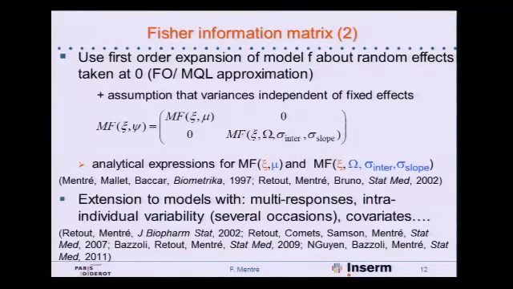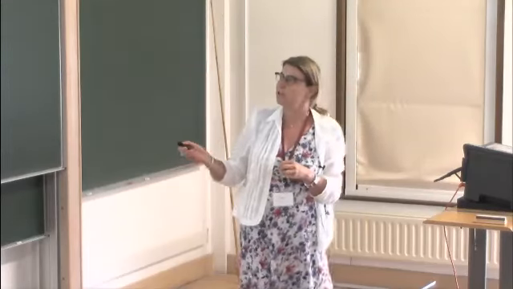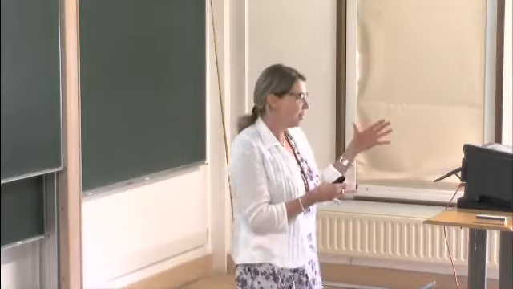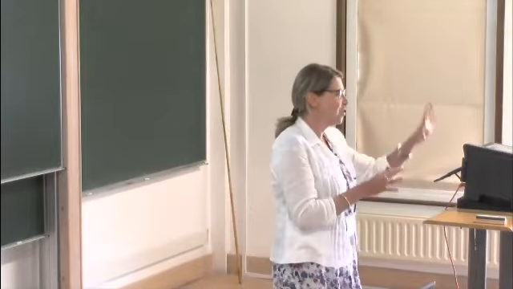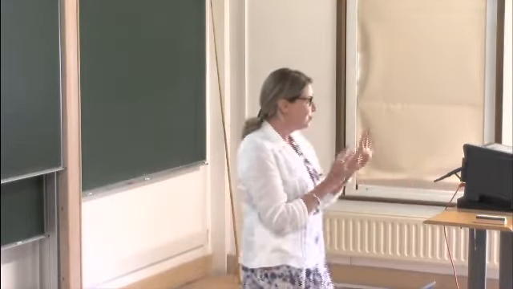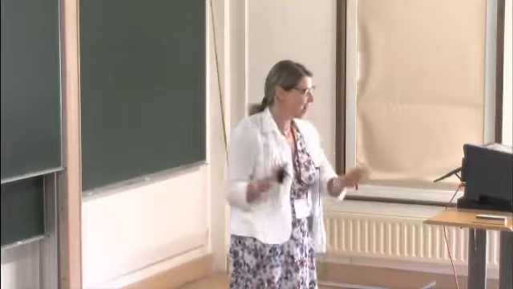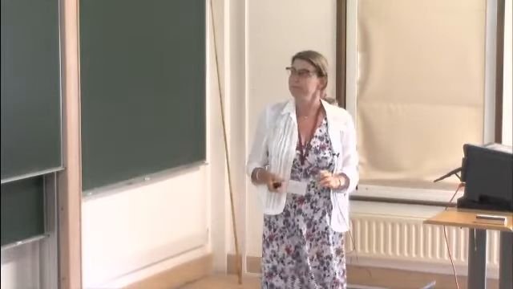And if you do that, plus some other assumption that the variances are independent of the fixed effects, you can derive an analytical expression for this Fisher information matrix, which is composed of two blocks, one block for the fixed effects and one block for all the random components. I have to say that we have lots of debate about these approximations, and on Friday there are at least 3 talks about what are the best approximations to use in nonlinear mixed effect models. But I used here the simplest one.